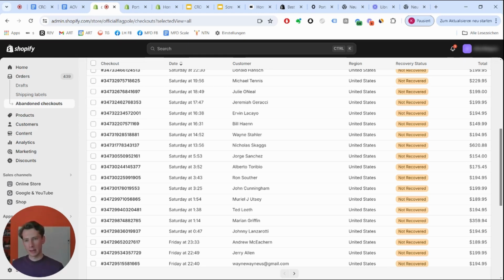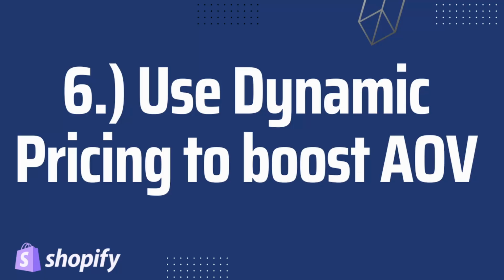Those two things combined, optimizing your threshold, A/B testing all your different rates, and adding additional rates if you can, will help you increase your AOV and, as a side bonus, potentially also your conversion rate.